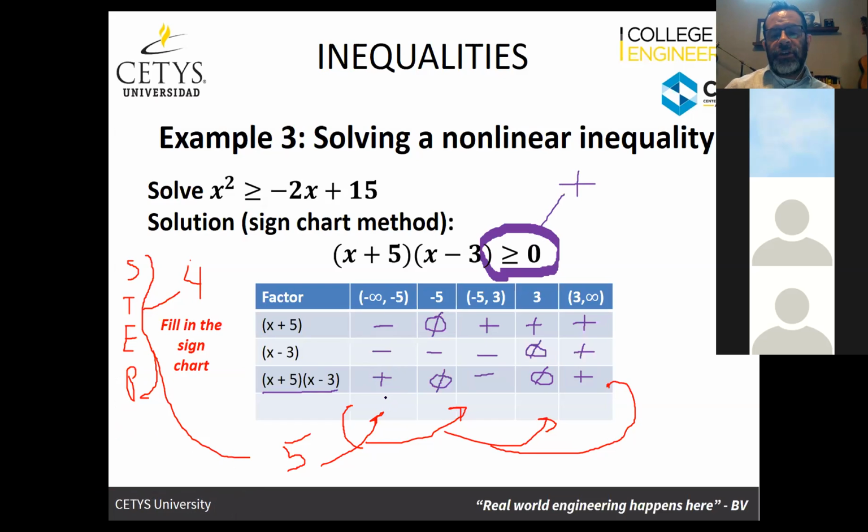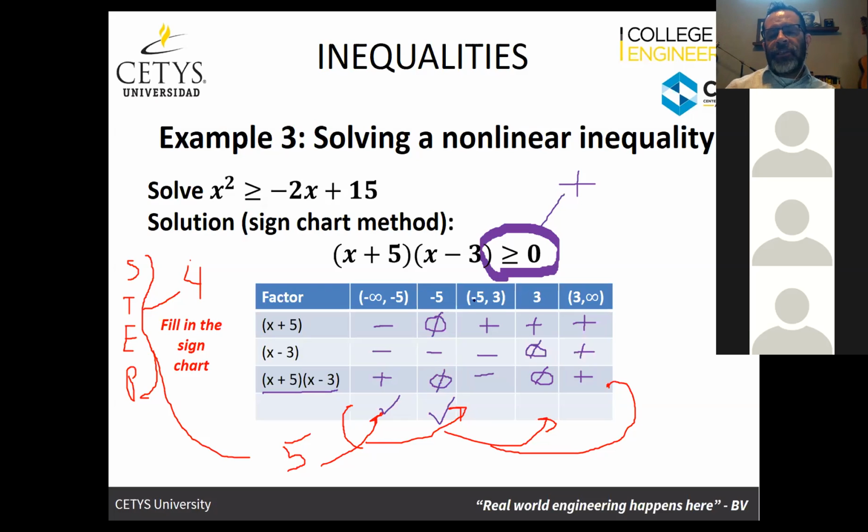So is this interval positive? Yes, it is. And I'm going to mark it with a check mark. Is the minus 5 larger than or equal to 0? Yes or no? Yes, because it's 0. Okay, so yes.